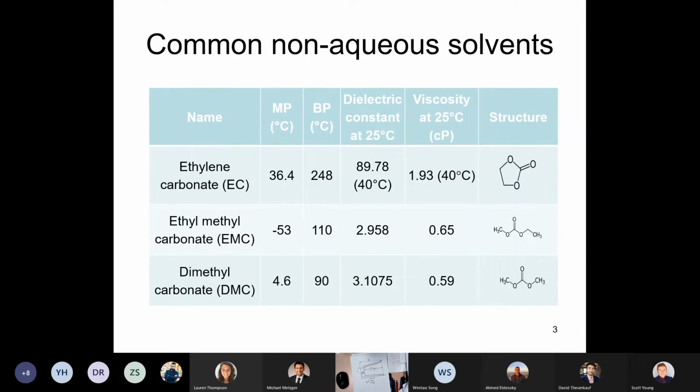I think it's added in there just to lower the freezing point a bit, because with an EC and DMC mixture, the eutectic is around minus 10 C. But when you add EMC, you can drive that down more. So it's to help prevent electrolytes partially freezing at temperatures that you may encounter in wintertime. Okay, thank you.